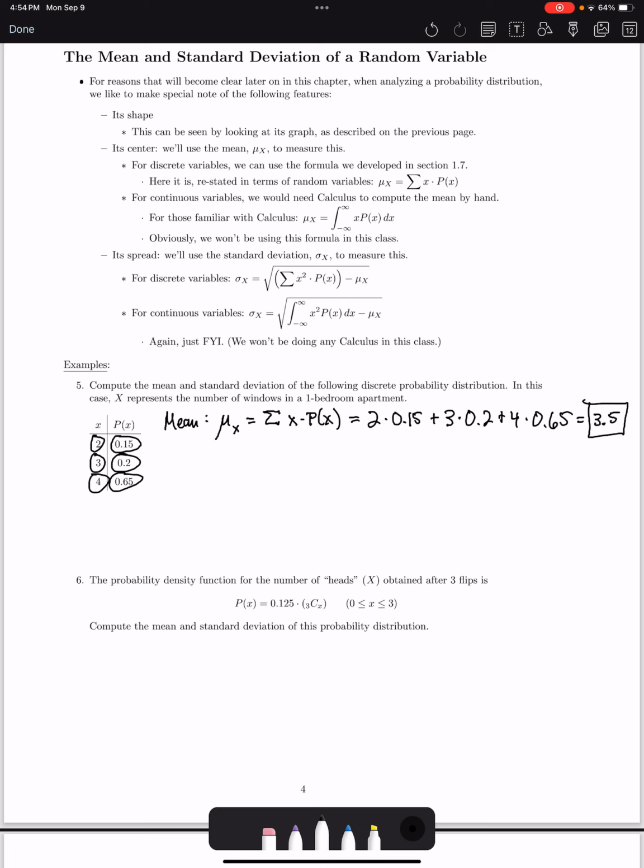So on average, one-bedroom apartments are going to have 3.5 windows. Or maybe to make it make more sense, you could round to the nearest whole number and say, well, on average, we expect them to have 4 windows in them, right?